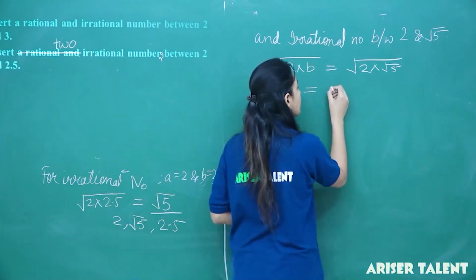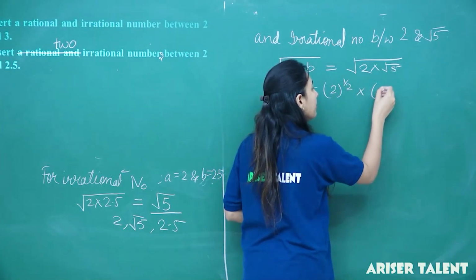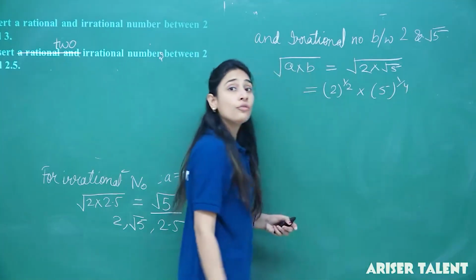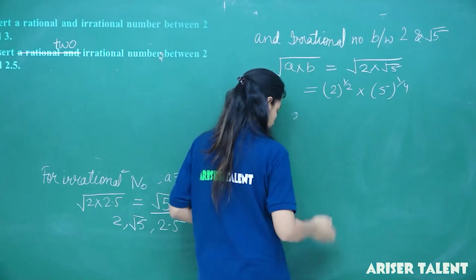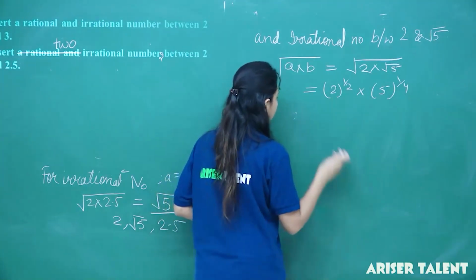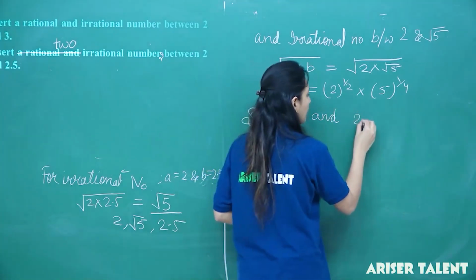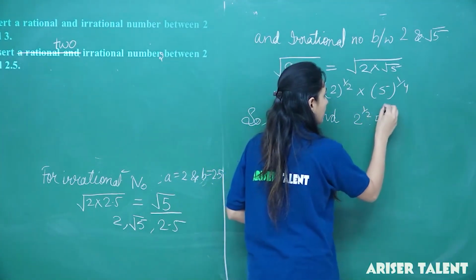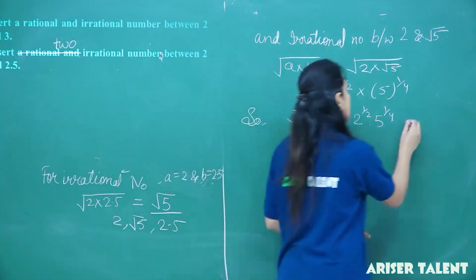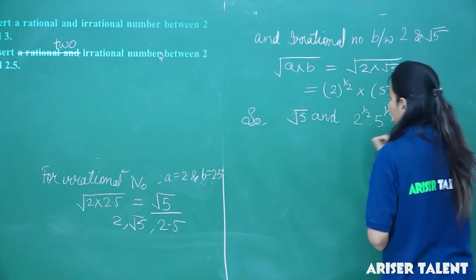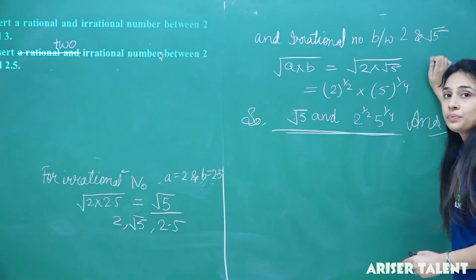That's 2 raised to power 1 by 2 multiplied by 5 raised to power 1 by 4. So 2 to the power 1 by 2 and 5 to the power 1 by 4 is our final answer, isn't it? Okay, note it.